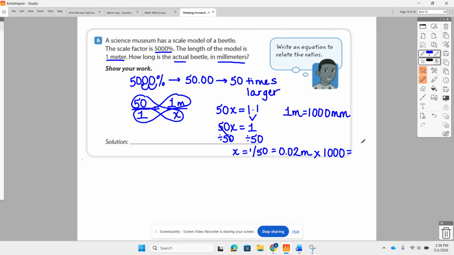Most of these questions will be calculator active, if that helps you feel a little better. But remember, multiplying by 1,000 means that we basically move our decimal over 3 hops. 1, 2, 3. Fill in that missing 0 there. So it's going to be 20 millimeters.